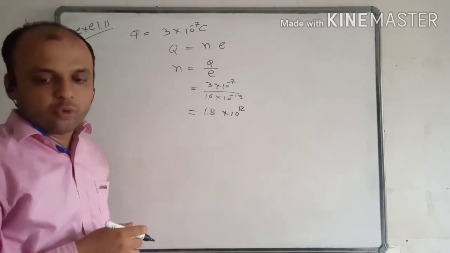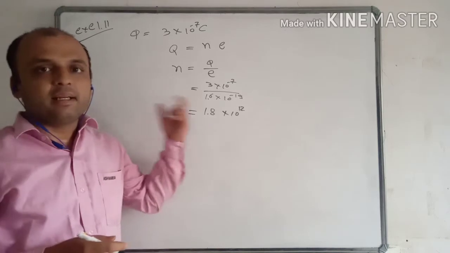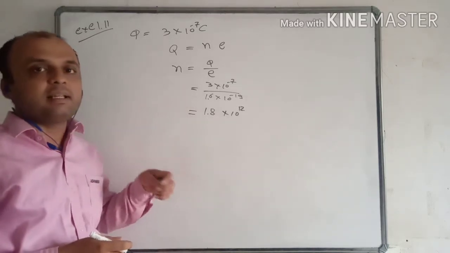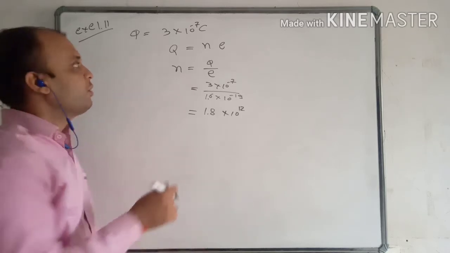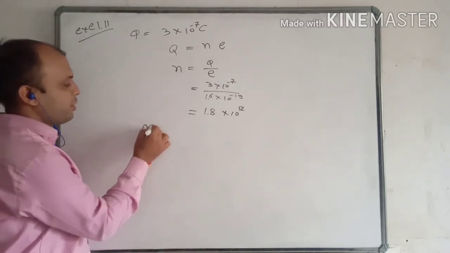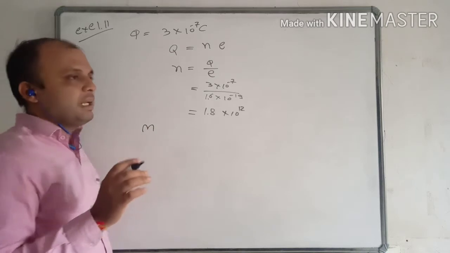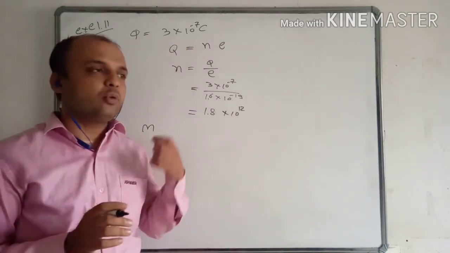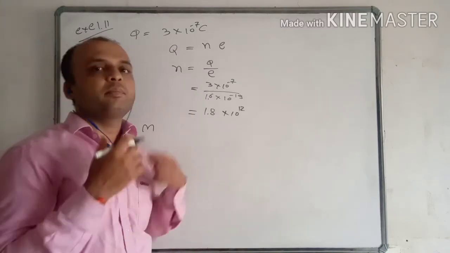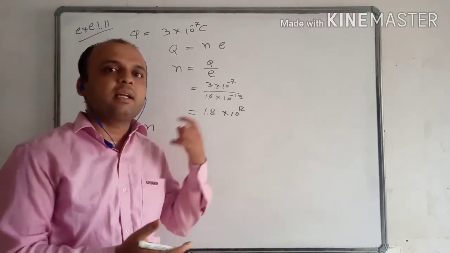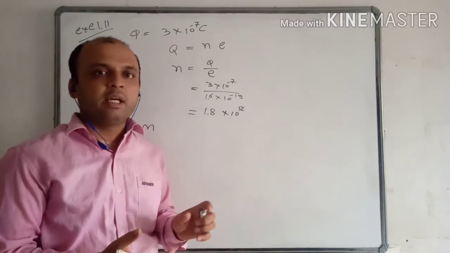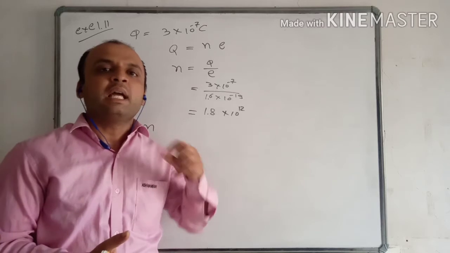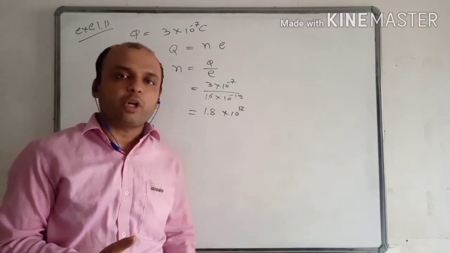Now we have to find whether there is a transfer of mass. See, charge always comes with mass. So if there is some transfer of charge, then there will surely be a transfer of mass. The mass transferred will be exactly the mass of the electrons that transfer from one body to another.